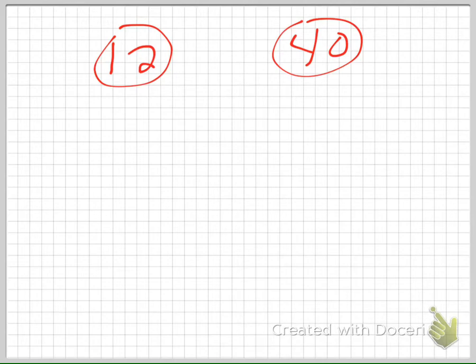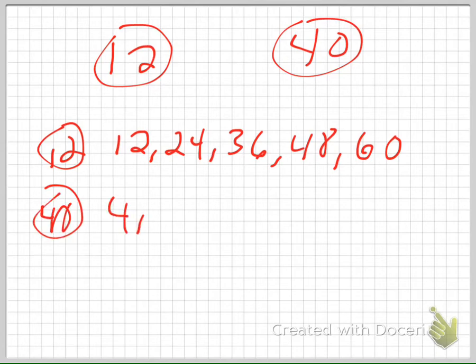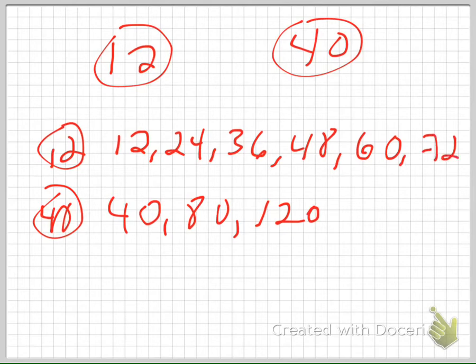Multiples of 12: 12, 24, 36, 48, 60, and then the multiples of 40 are 40, 80, 120. Are we there yet? No, we're not there yet. Do we have a common multiple yet? Okay, then we've got to keep going. 72. Oh man, do you see how this would get ugly and big?